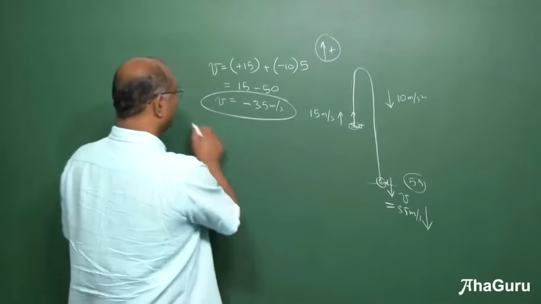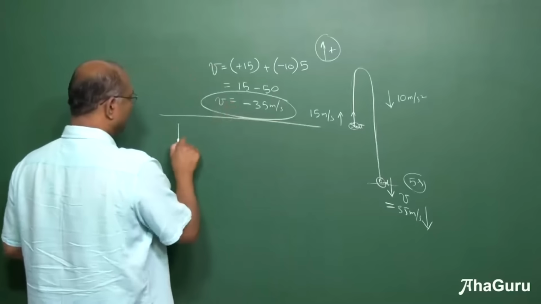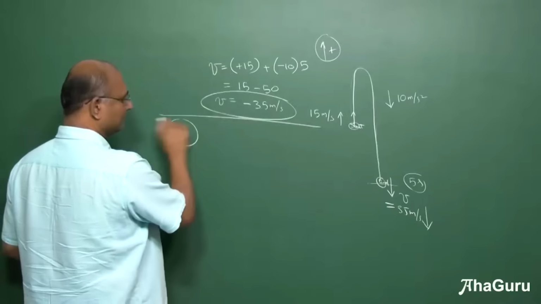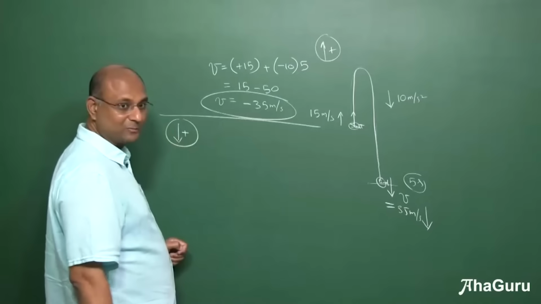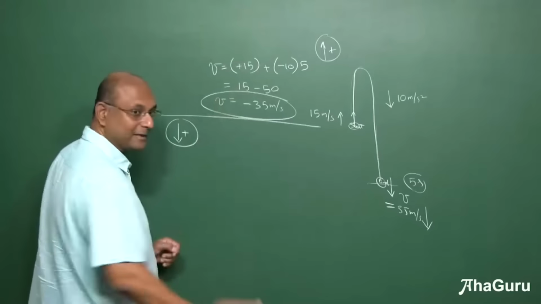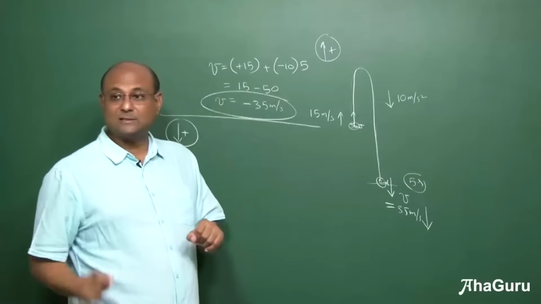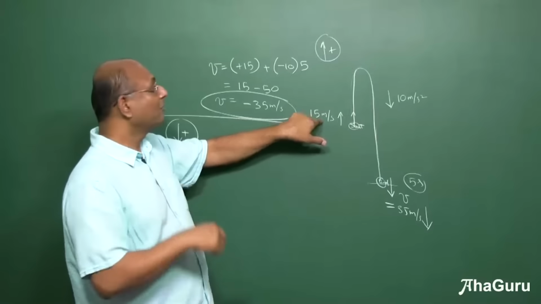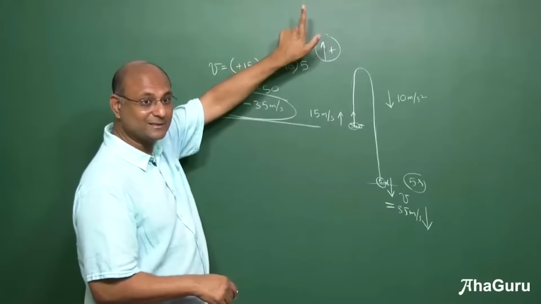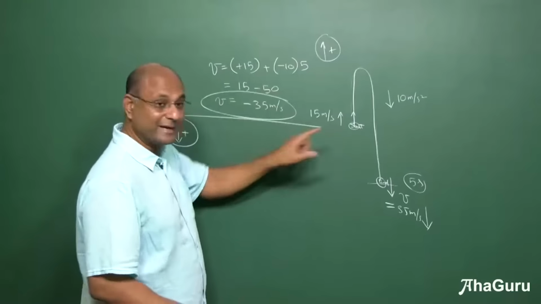So let us redo this problem by choosing down is positive. Second method. Okay, I am choosing down is positive. That's one method, this is another method. If I chose the second method, that is down is positive, what is this velocity? Minus 15, because that was upward plus, this is downward plus, this is minus 15.